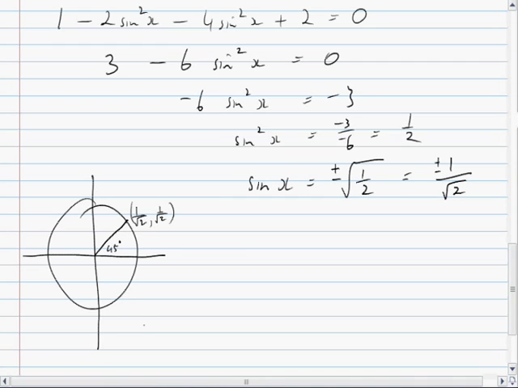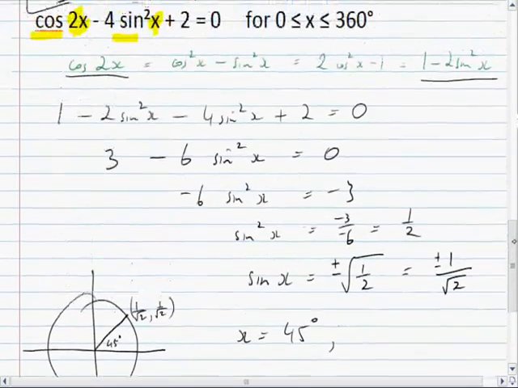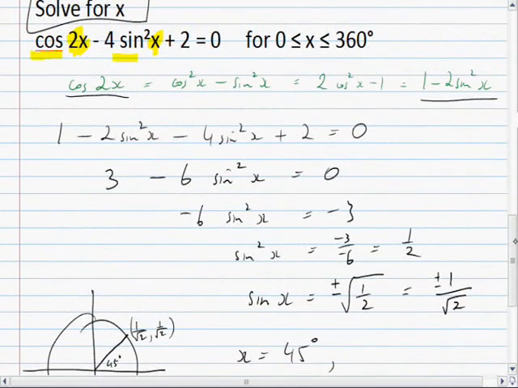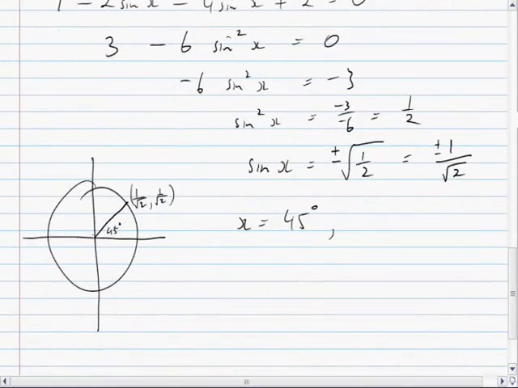So x could be 45 degrees. But we're going all the way from 0 to 360. At this angle, the y value here is also 1 over root 2. So that is, of course, 135 degrees.